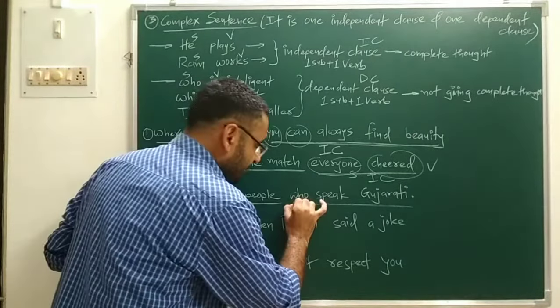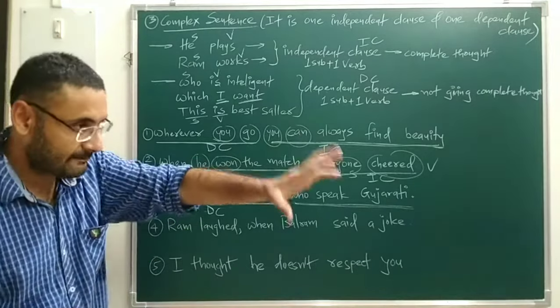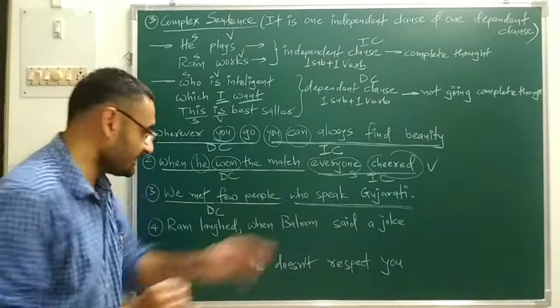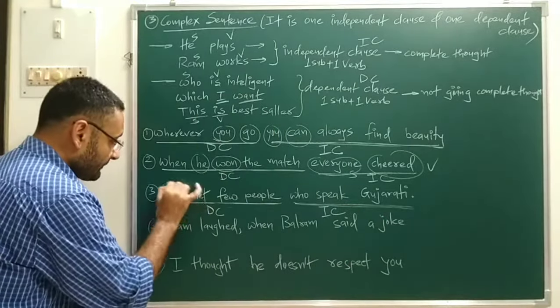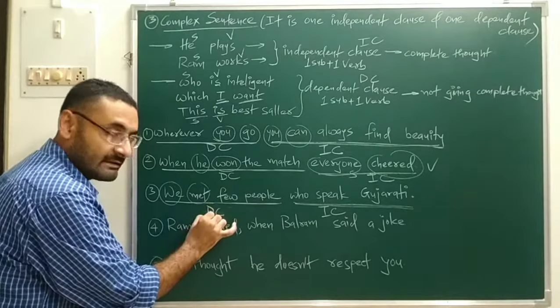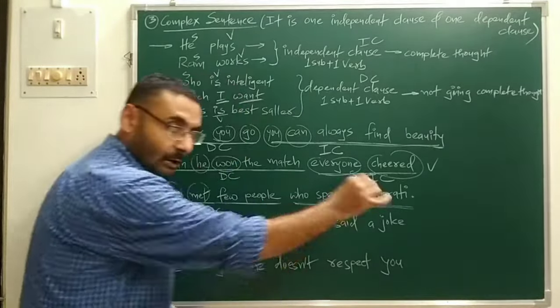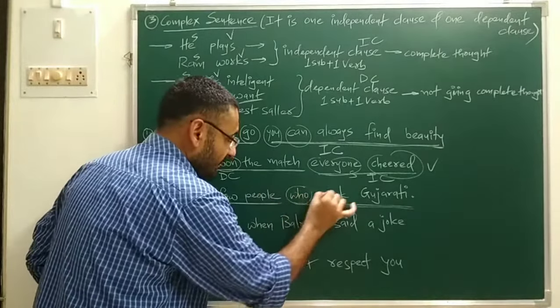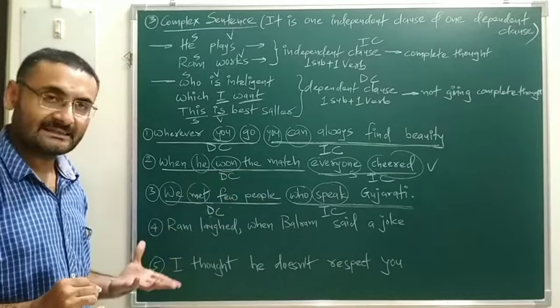And who speak Gujarati means we know that people can speak Gujarati. The thought is clear. So that is why it is your independent clause. One subject, one verb. So that is your complex sentence.